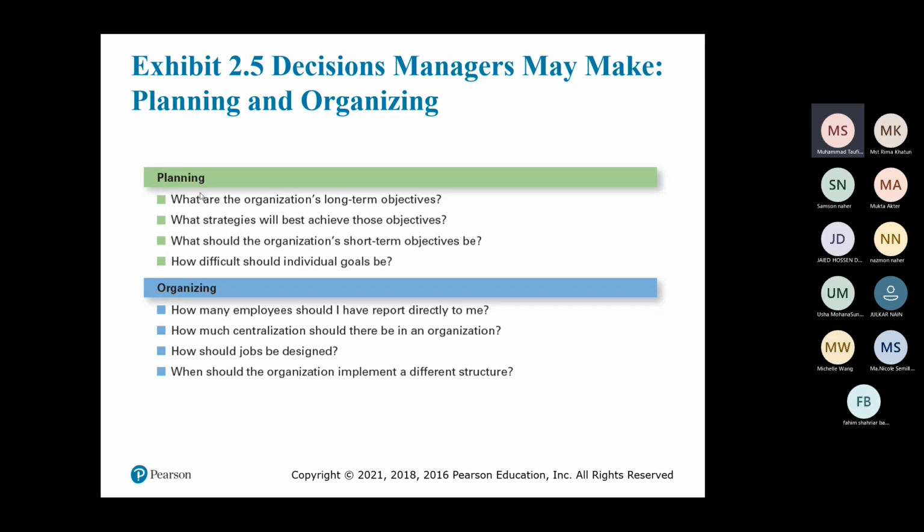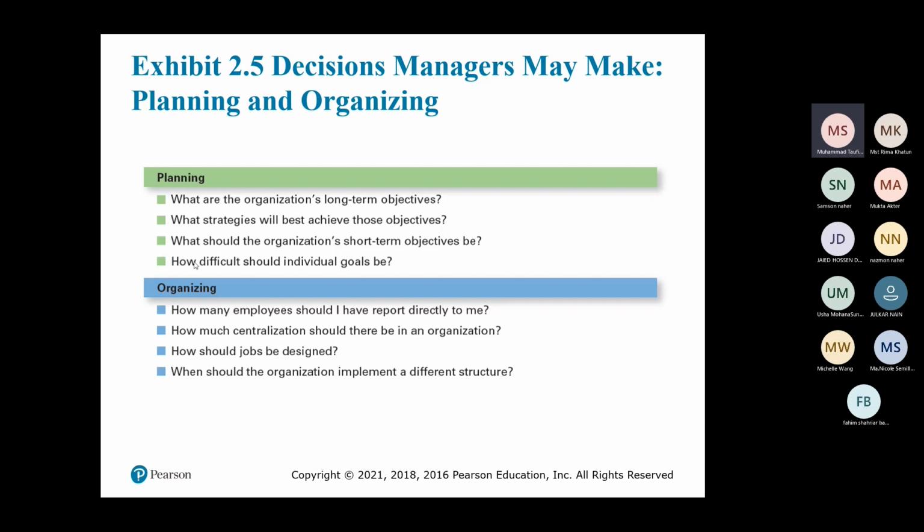For example, in planning, an example of a decision you will make is: what are the organization's long-term objectives? You want to identify the objectives of your company. What are the strategies to achieve your objectives? And then, what should the organization's short-term objectives be? You also want to set short-term goals for your company.